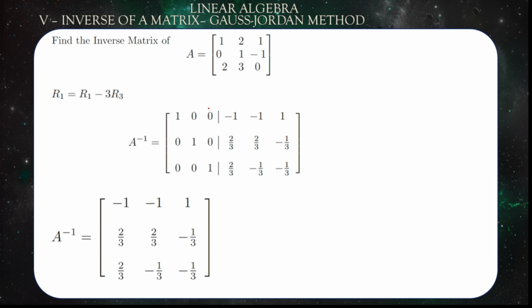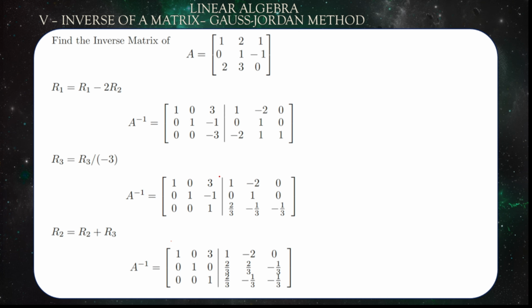We still have this value that we need to get rid of, which is the 3 over here. We need to get rid of this value, so R1 is equal to R1 minus 3 R3. So again, R1 is equal to R1 minus 3 R3, correct? This is R1, so you have 1, 0, 3, 1 minus 2, 0, minus 3 times the third row.